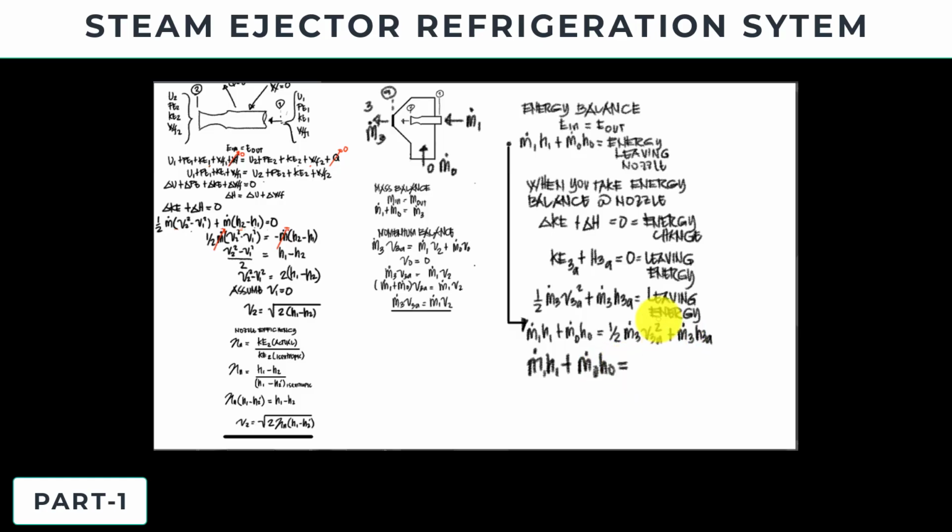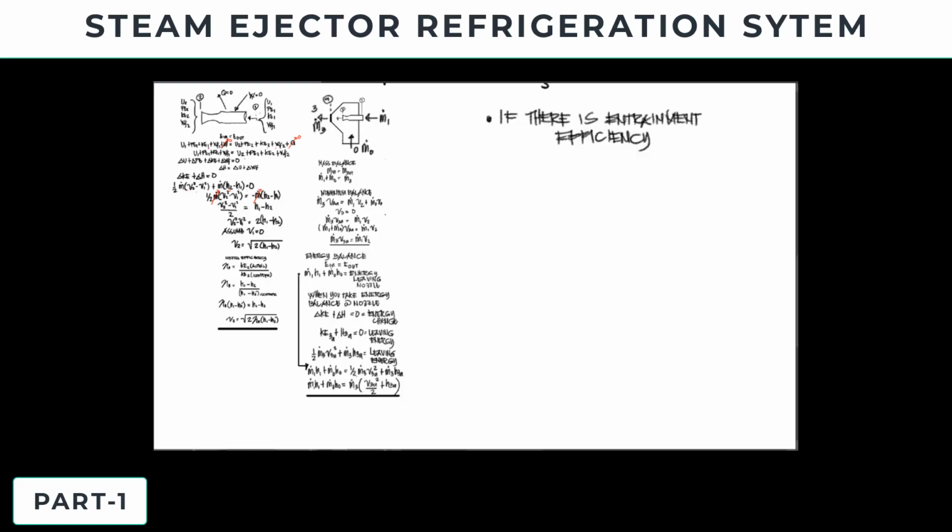And we can factor out the common term, mass flow rate 3, so that it is multiplied by velocity 3A squared divided by 2 plus enthalpy 3A.